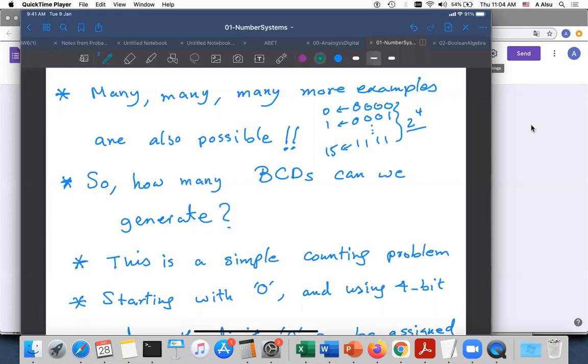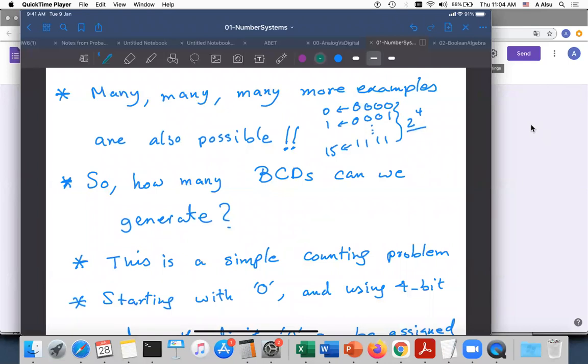So for digit 0, if you have a 4-bit code that you would like to assign to it, how many possibilities are there? Digit 0 has 16 possibilities, because you can assign it any number from 0000 all the way to 1111.